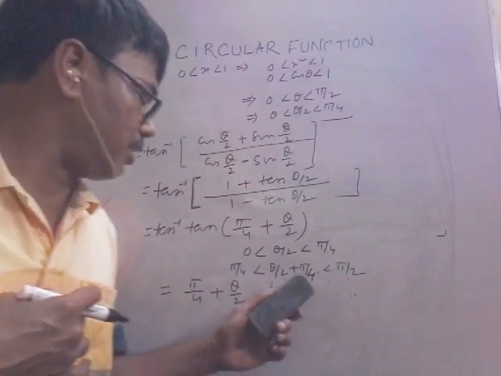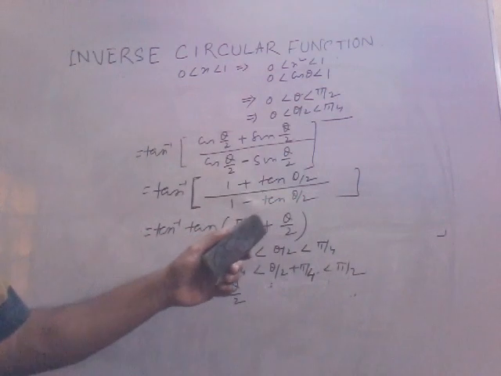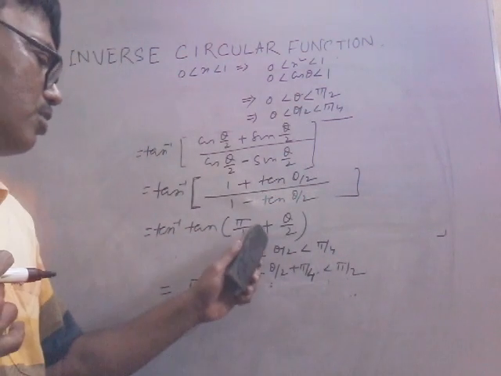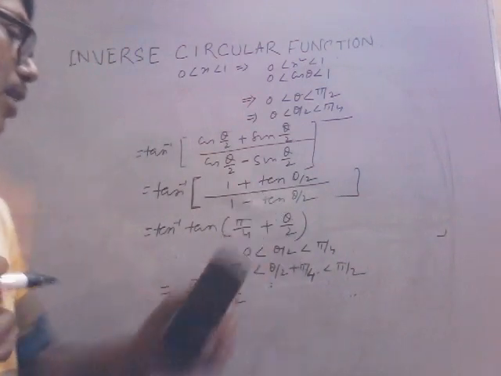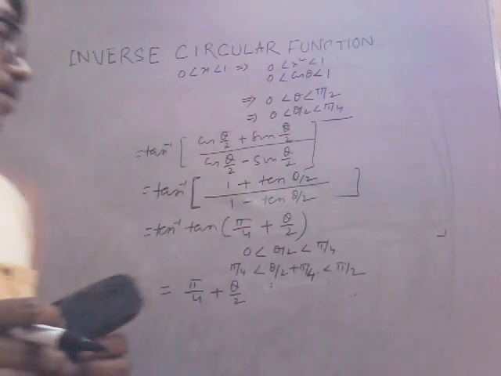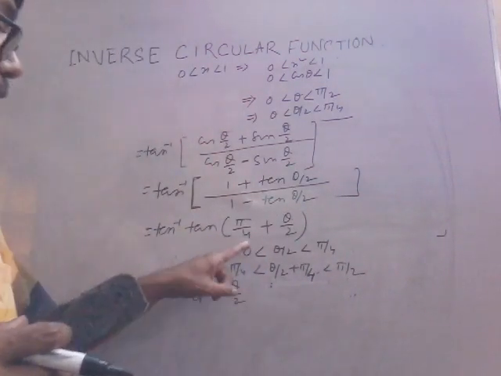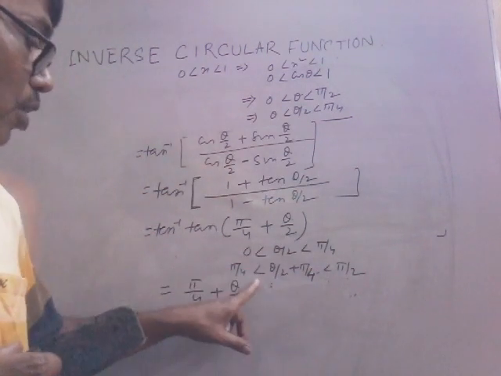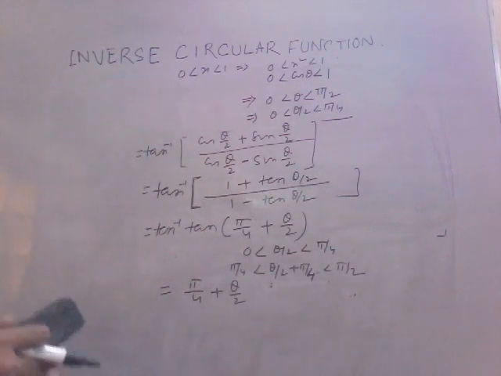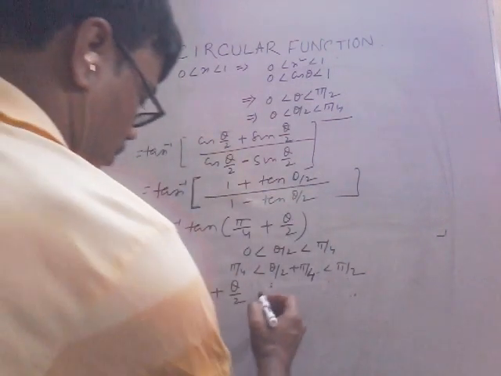Generally we do not see any restriction. Whenever we get this, we write pi by 4 plus theta by 2. But you have to see whether this argument belongs to the principal value or not. It belongs to the principal value. That is why you can write in this form.